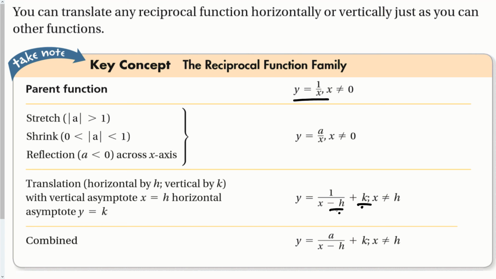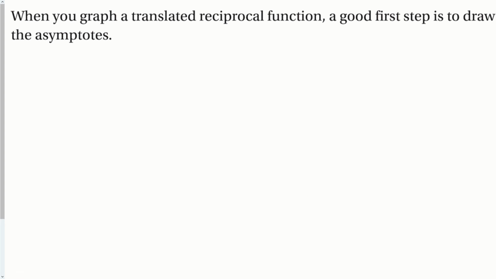A negative h shifts the function right, positive left. For k, positive up, negative down. And here is what all of my transformations put together will look like. So when I look at a reciprocal function, if I want to graph a translated reciprocal function, a good idea is to first draw the asymptotes.